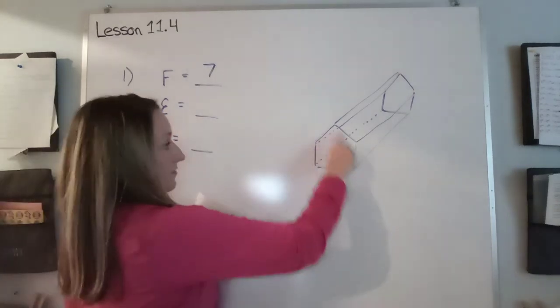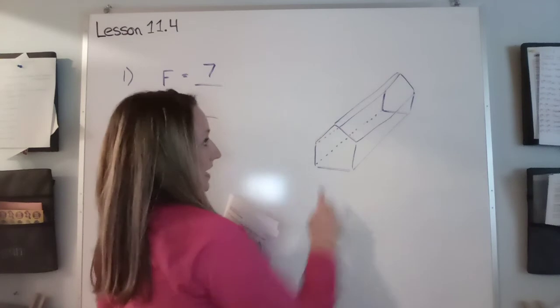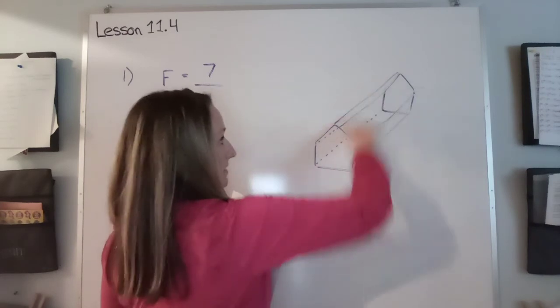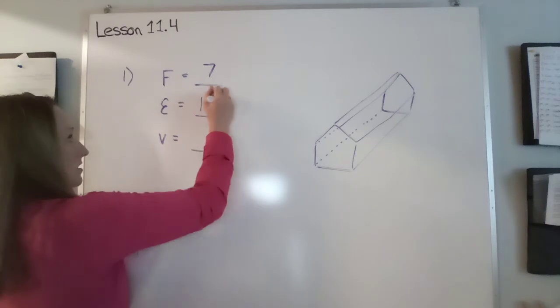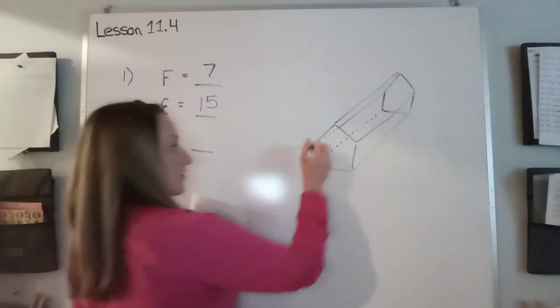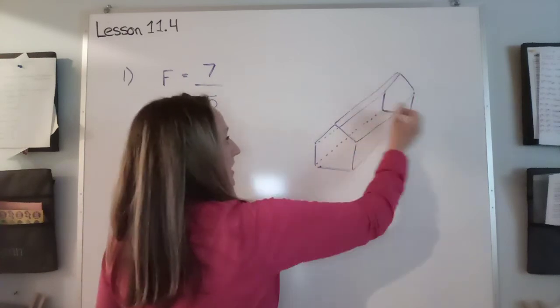Edges: you have the 5 edges of this pentagon and the 5 edges of the back pentagon, so it's 10. And then all 5 segments that connect the 5 corners. So that's 15 edges. And then the corners, the vertices: 1, 2, 3, 4, 5, 6, 7, 8, 9, 10.